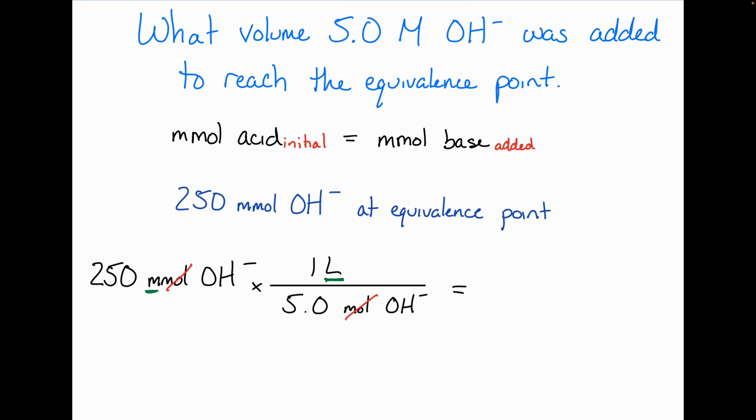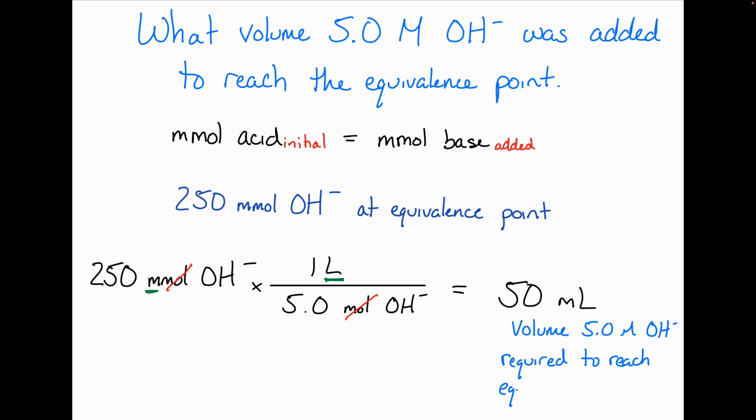All right, so punch that into our calculator. We get 50 milliliters. Again, this is the volume of 5 molar hydroxide required to reach that equivalence point.